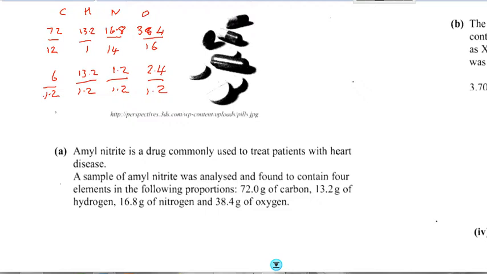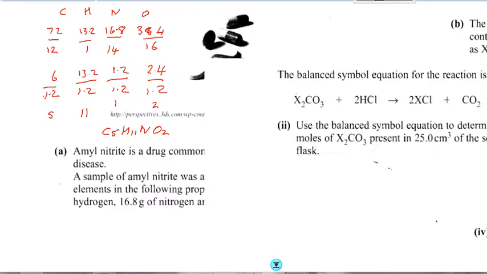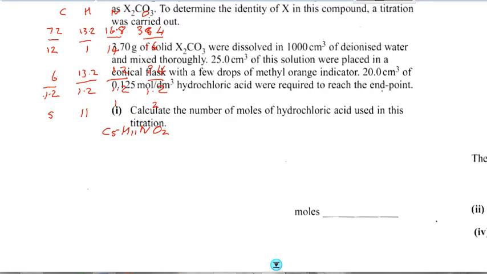So we have 5, 11, 1, and 2. So our formula is C5H11N, we don't write the 1 in, O2. Very simple. Okay, let's move into the main body of this question and have a look at the titration part.